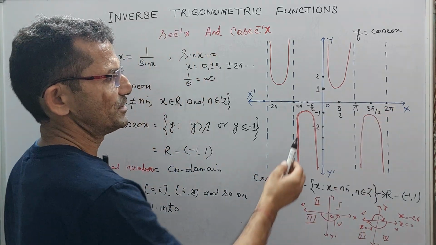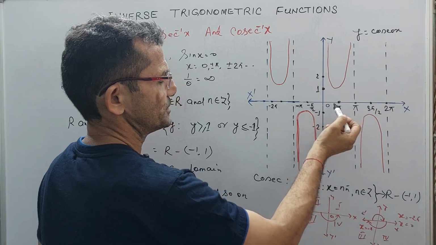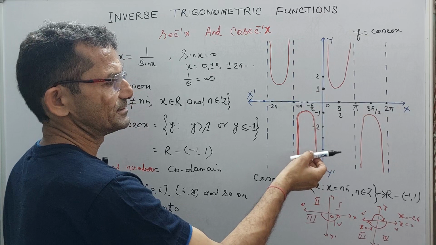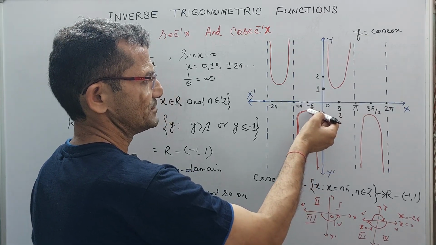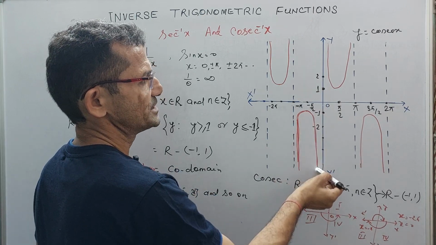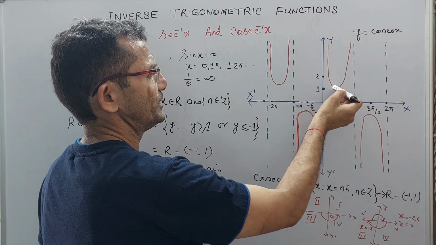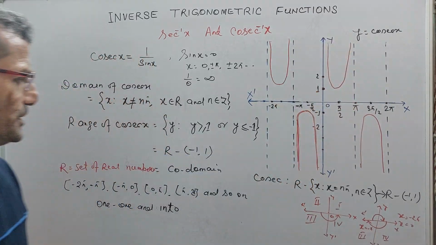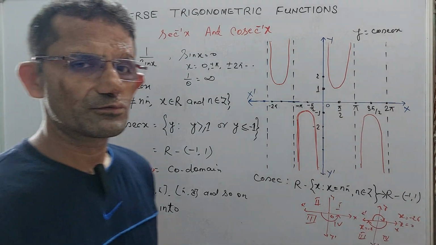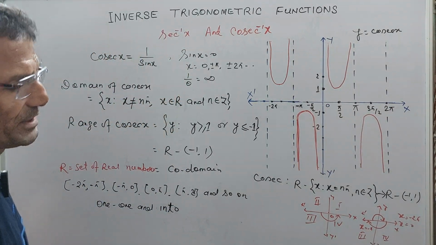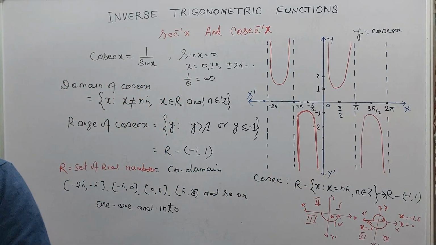And if I consider the interval from -π/2 to π/2, it will contain all real numbers except those between -1 and 1: from -π/2 to 0 the range elements will be from -1 to minus infinity, and from 0 to π/2 it will be from plus 1 to plus infinity. So for making the intervals one-one and onto, we have mixed up two consecutive such intervals.